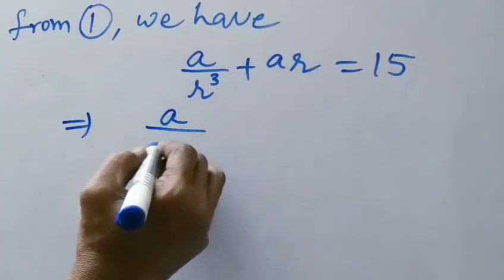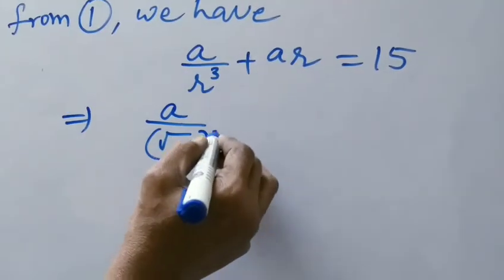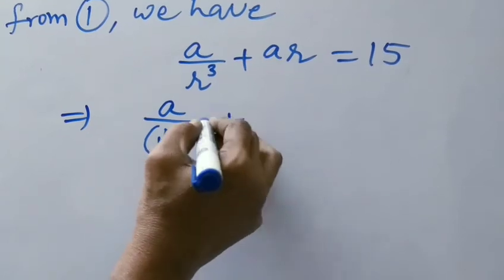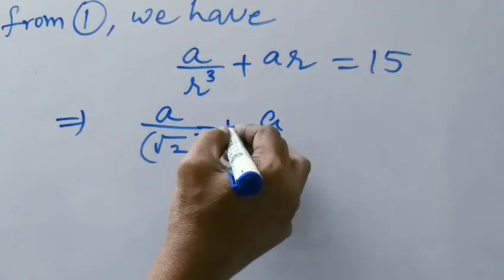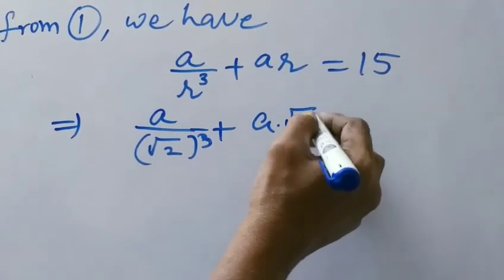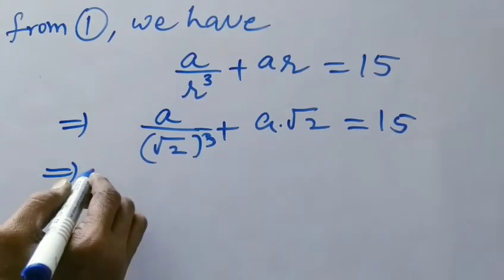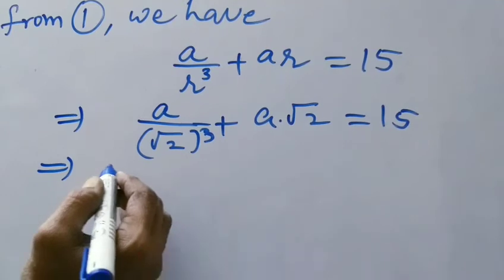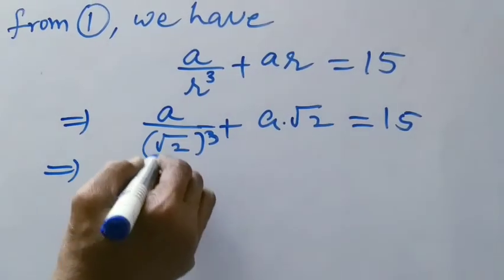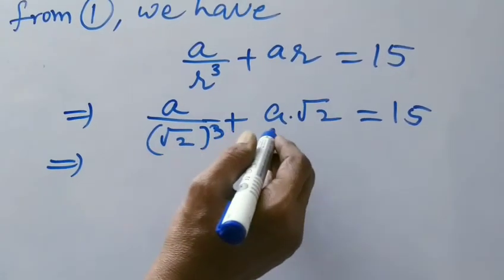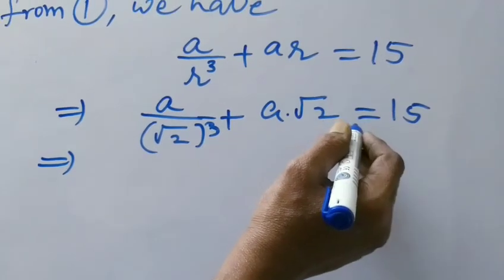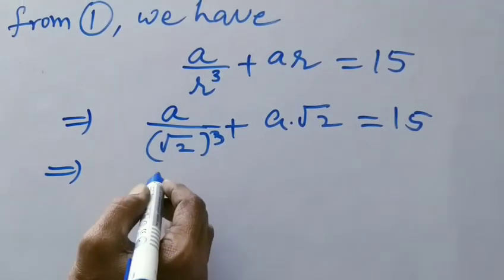So a/(root 2)³ + a·root 2 is equal to 15.